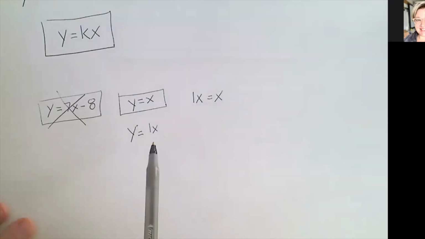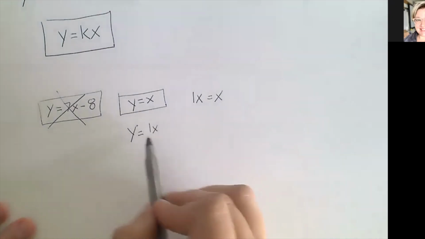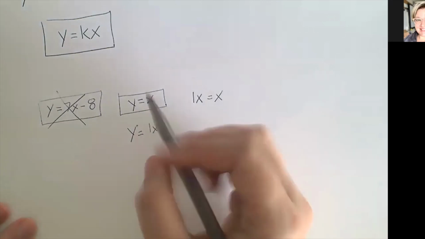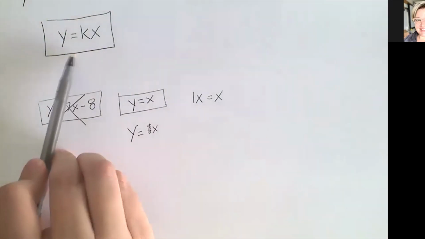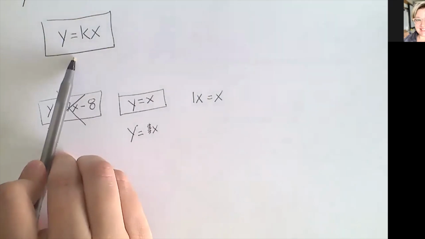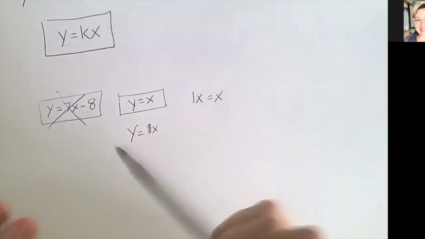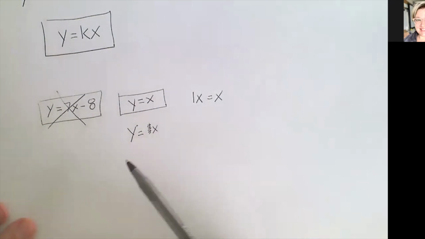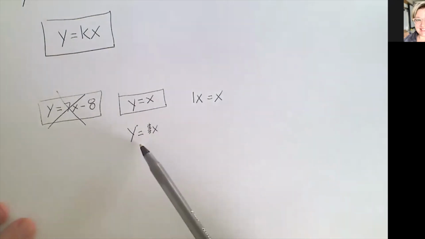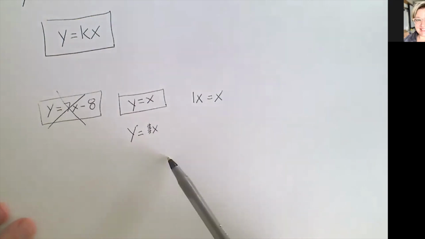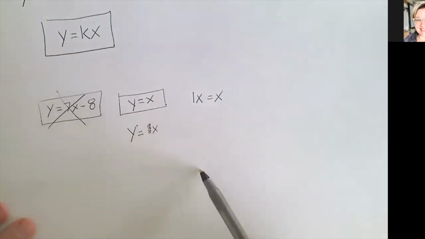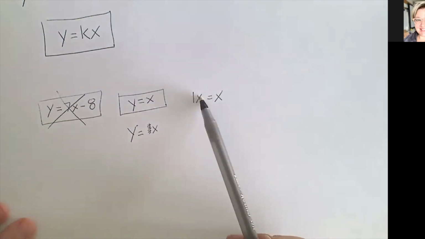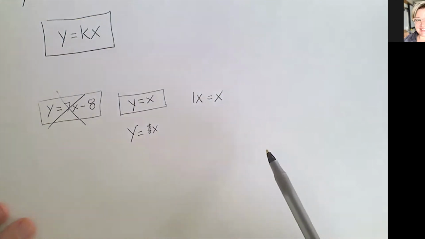But like we've been practicing, anytime you're doing algebra, you want to eliminate things that you don't need. So we can eliminate the 1 and have y equals x, and it still fits in this format. The graph of this equation is a straight line through the origin. It's one of the similar relationships we've looked at before, where 1 on the x-axis is going to be 1 on the y-axis, 2 on the x-axis is going to be 2 on the y-axis, and so forth.